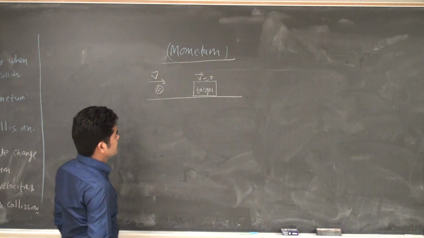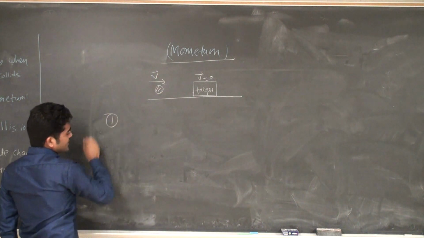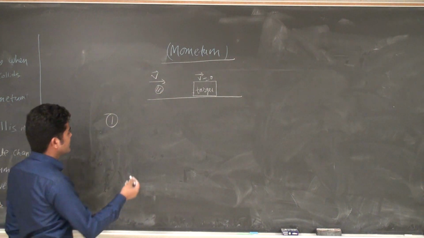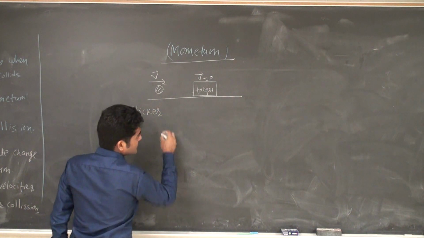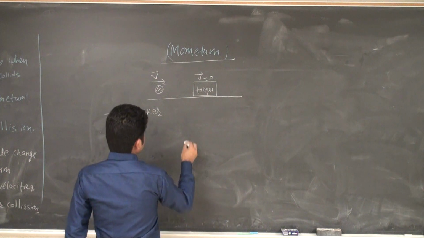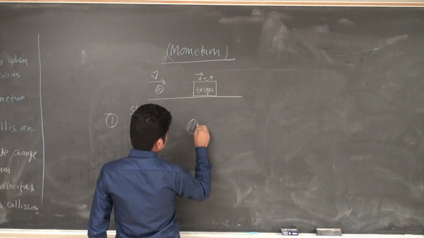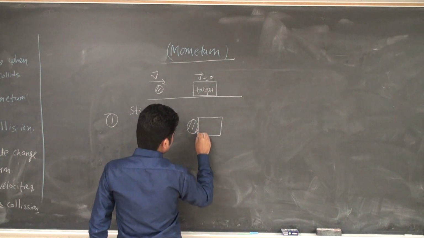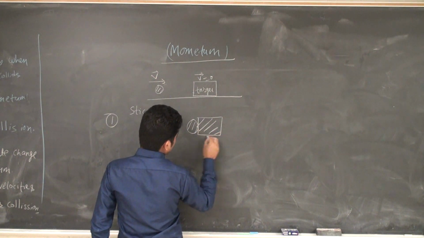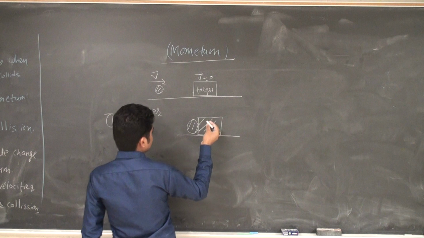Velocity is a vector quantity, and we consider three kinds of ball. One is, let's say, the sticker. After the collision, the ball sticks with the target and they move in the same direction.